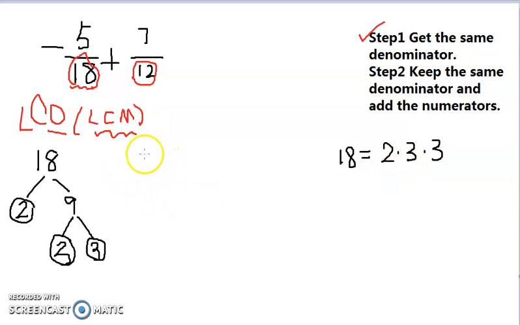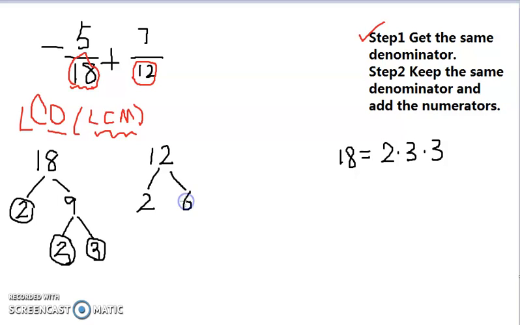Now let's look at the next denominator, 12. We're going to do the same thing. First, as we see 12 is even, that tells us 2 should go into 12. Notice that I always start with the smallest prime number 2, which is not the only way. You could start with any other prime number.